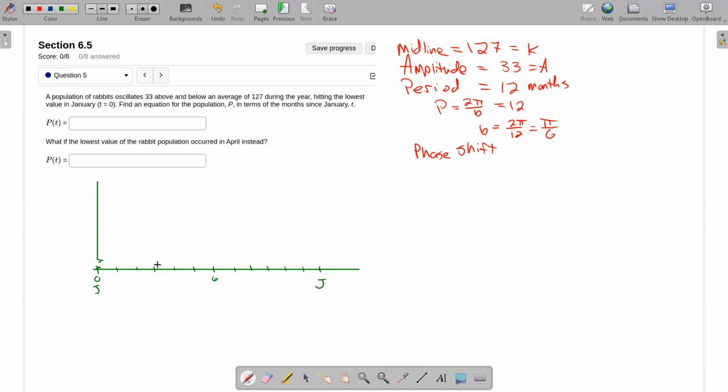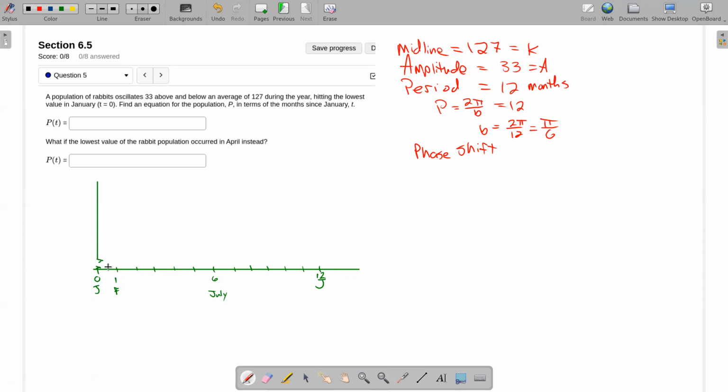January, February, March, April, May, June, July, August, September, October, November, December, January. So we started counting at 0. That's why January ends up at 12 again instead of 13. So February would be 1 and so on.